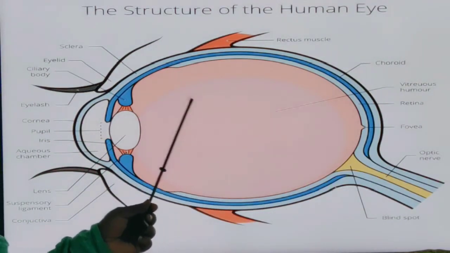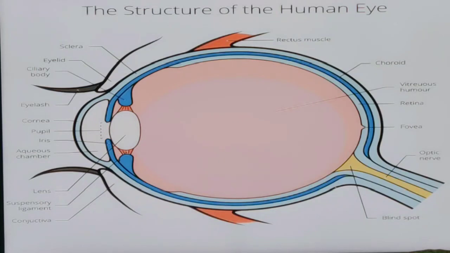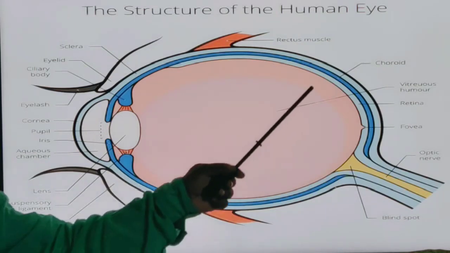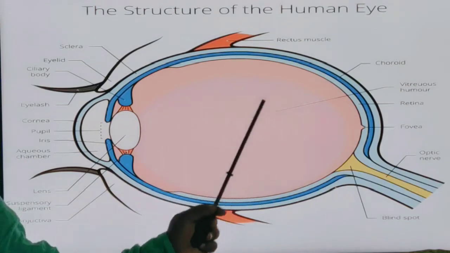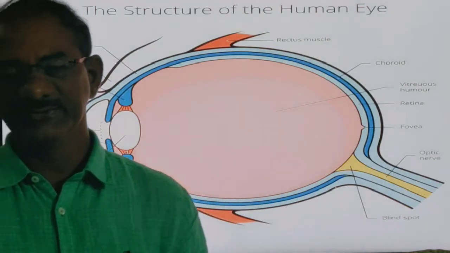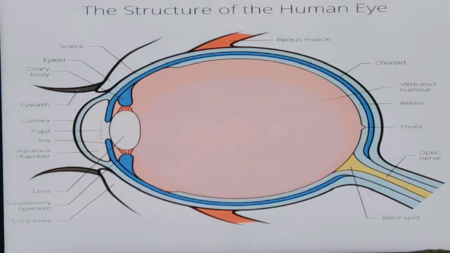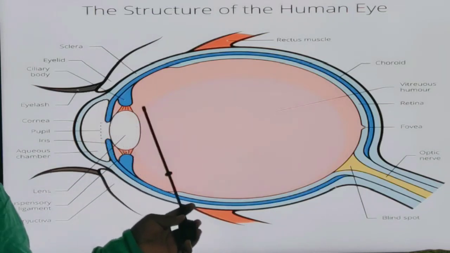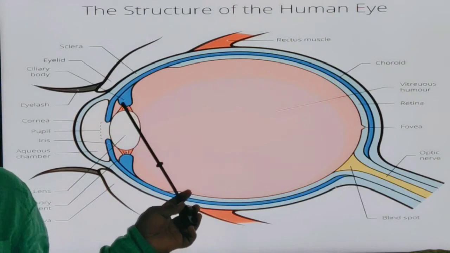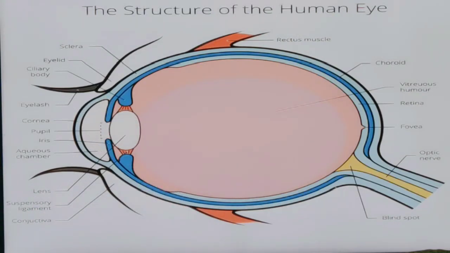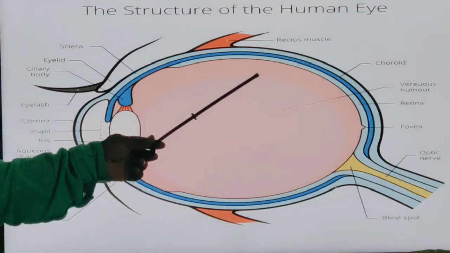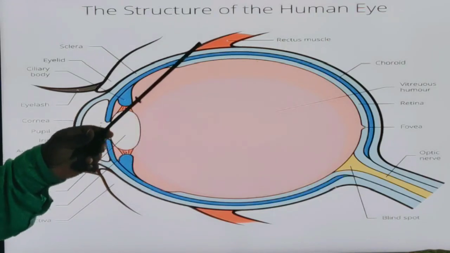So the first pigment in this cone cell is porphyropsin, the second pigment is iodopsin, and the third pigment is cyanopsin. Porphyropsin is sensitive to red light, iodopsin is sensitive to green light, and cyanopsin is sensitive to blue light.